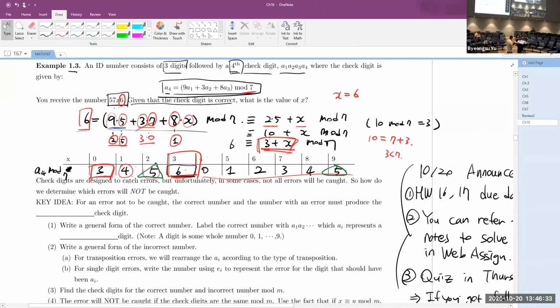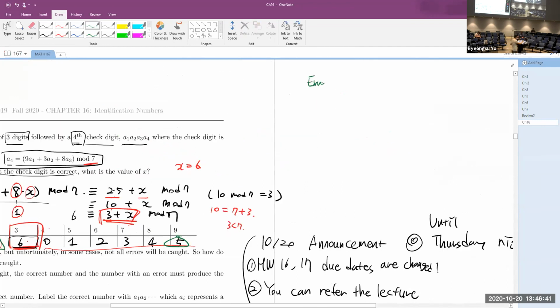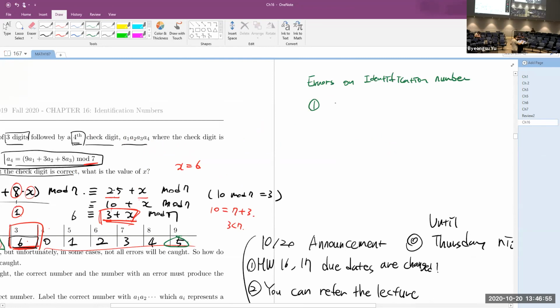So there are two possible cases of errors on an identification number. One is that we put an error number, a different number, in a digit.